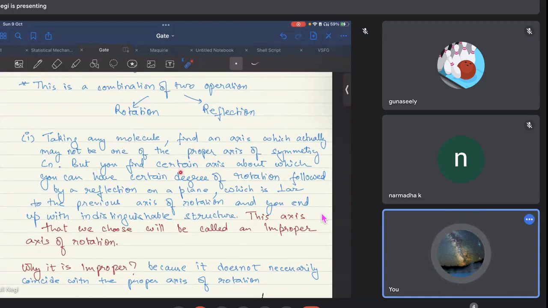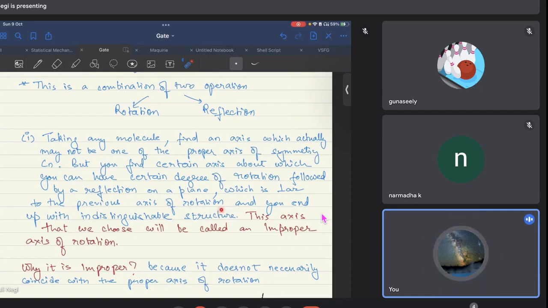But you find a certain axis about which you can have a certain degree of rotation followed by, and now it is important, first you have done the rotation. It is not necessarily that you will get an indistinguishable structure, but after the rotation you will do the reflection on a plane which is perpendicular to the previous axis of rotation.